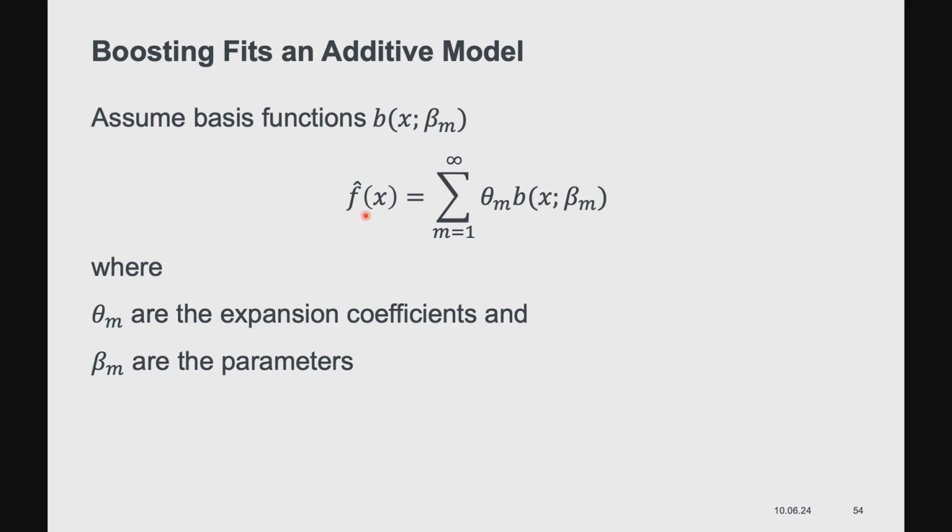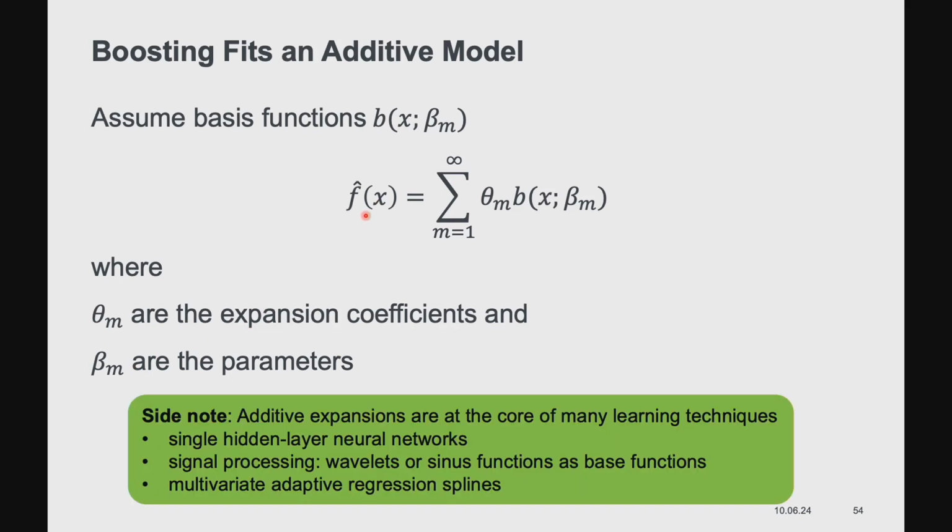And this together gives our predictive model. Here are other examples of such additive expansions: signal processing, wavelets, sine functions, all these can be used for such additive modeling, or particular kinds of splines, Bézier splines, etc.